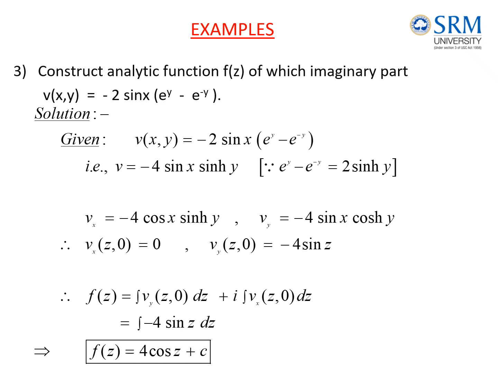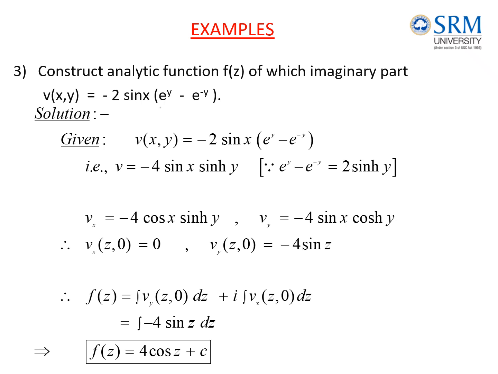The next, so in the two examples we saw, u is given and we find the analytic function. In this problem v is given, and using the Milne Thomson method we are going to construct the analytic function f of z. First we need to find the partial derivatives of v with respect to x and y.